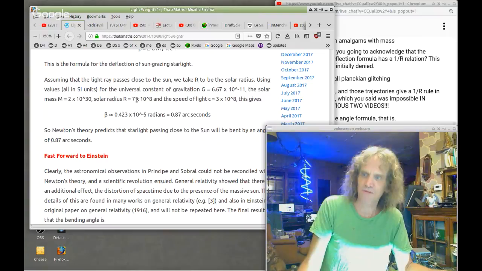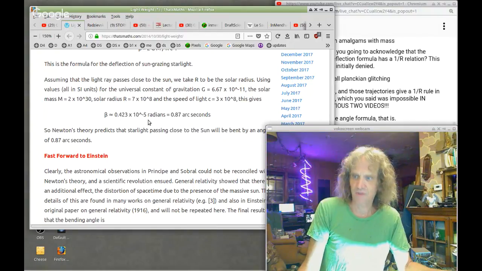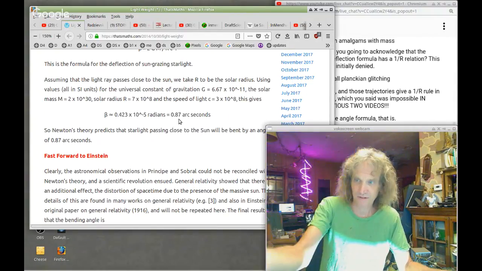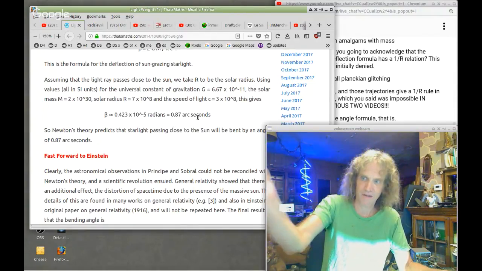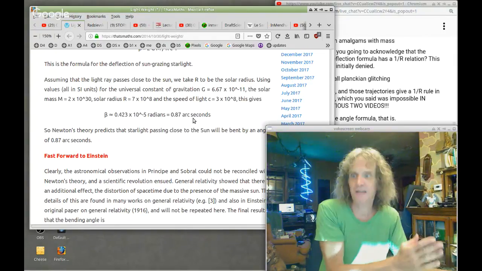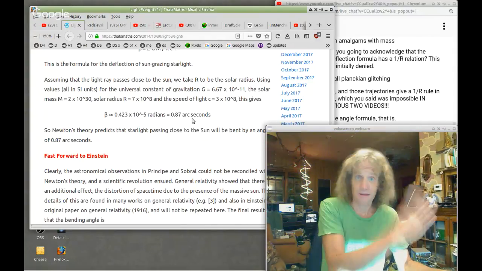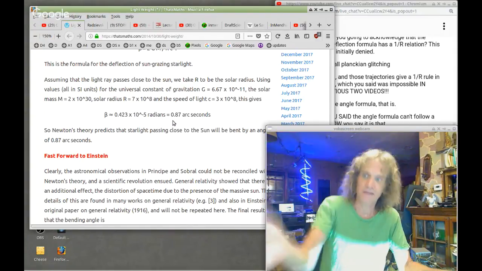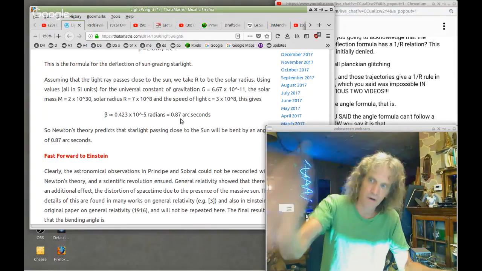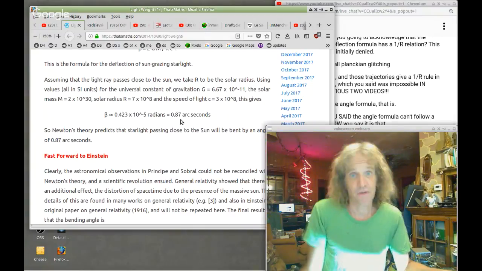So they use the radius of the sun, which means the number is for the surface of the sun. So Newton's number for the surface of the sun is 0.87 arc seconds of deflection. Obviously, any further away you go from that sun, like with an asteroid or anything else, it'll bend less and less and less. So quite obviously that number gets lower and lower and smaller and smaller as you go further and further away from the sun.